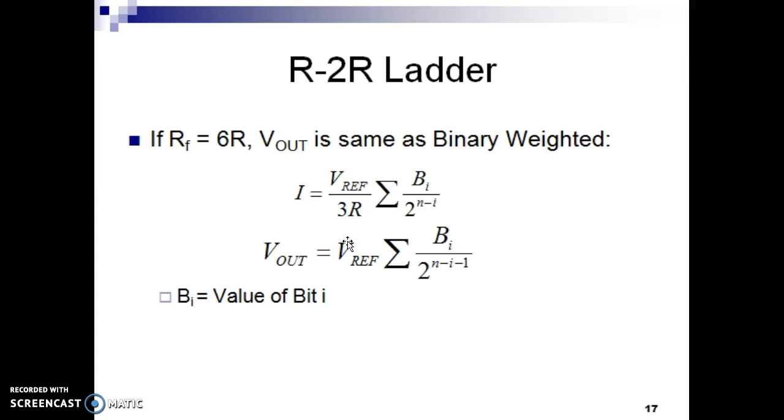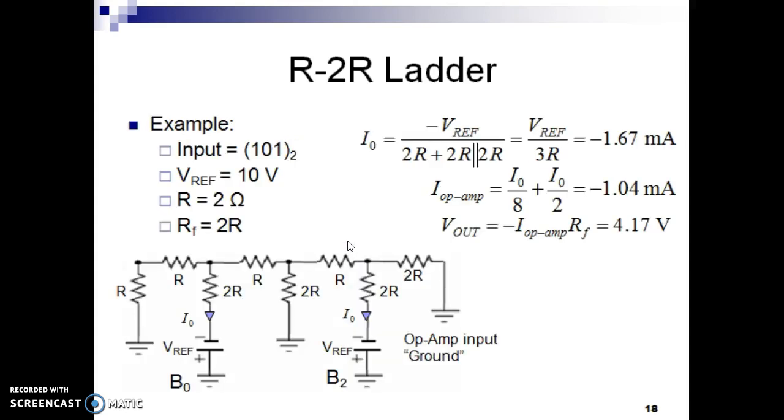If you want, we can do one problem, then we will understand the concept in a much broader sense. Suppose the digital input is 101, the reference voltage is 10 volt, and we are using R as 2 ohm and RF as 2R. Then let us see the output current.